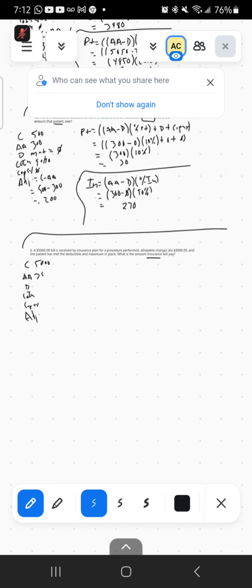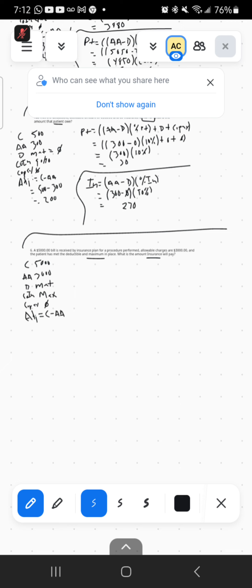Allowable $3,000. Patient has met deductible. It says maximum, that's co-insurance. And it doesn't say co-payment, so 0. And adjustment, we know that is charges minus allowance.